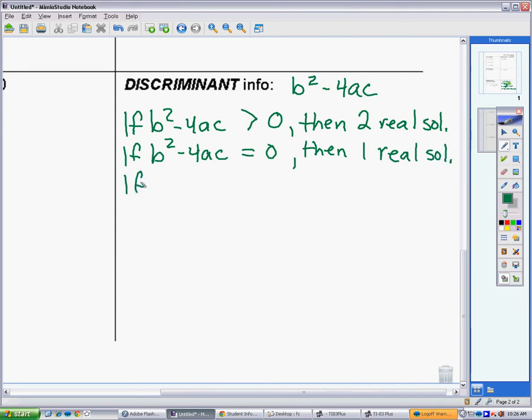And if b squared minus 4ac is less than 0, then there is no real solution. Okay, that's why we want to go ahead and evaluate that first in our quadratic formula. That way we know how many answers to expect.